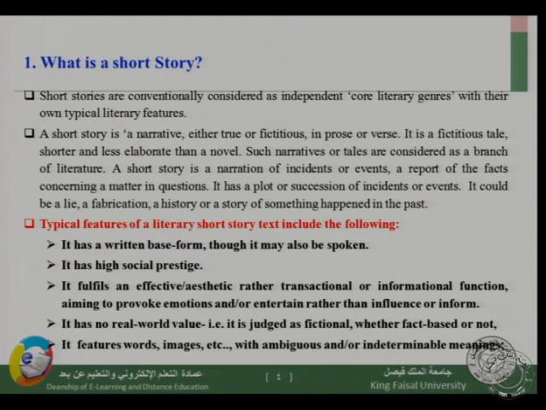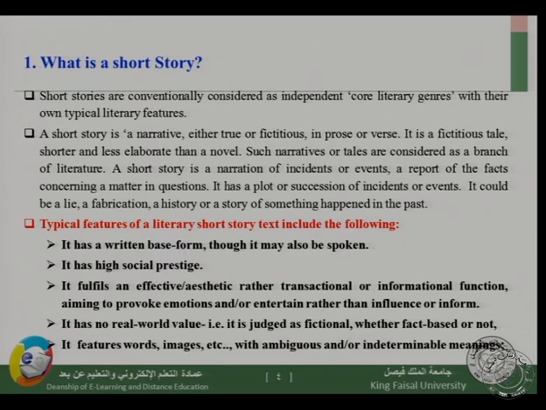Now you ask yourself, a short story, it's like the hardcore of literature. It has its own literary genre by itself.